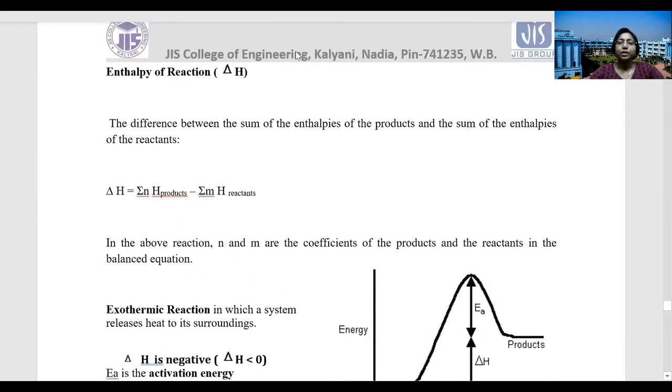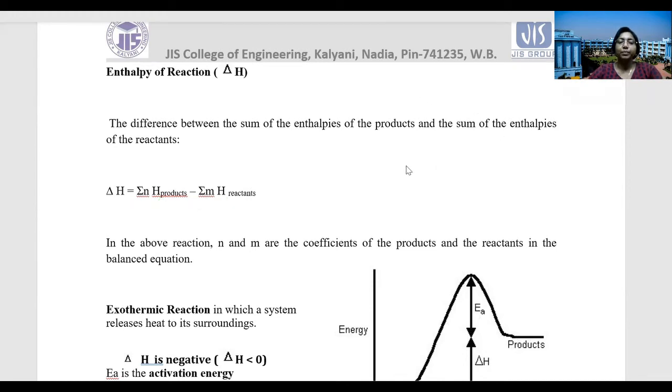So the enthalpy of a reaction will be equal to the sum of the enthalpy of the products minus the sum of the enthalpy of the reactants. That is the total enthalpy of the reaction.